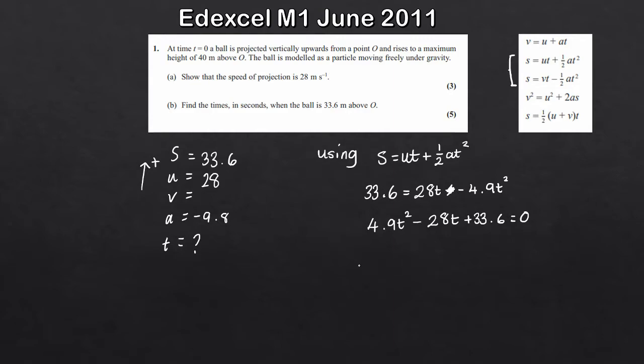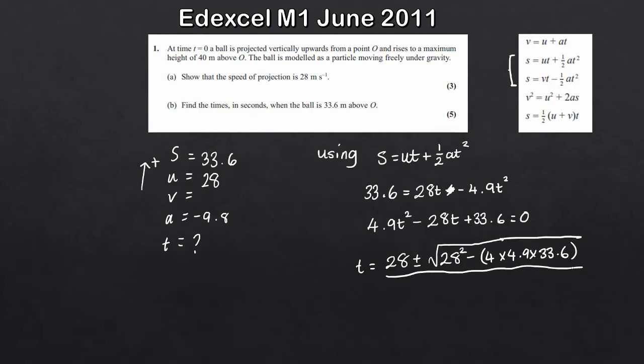Applying the quadratic formula, we get T equals minus B, so 28, plus or minus the square root of 28 squared, minus 4 times A, 4.9, times C, 33.6. And then we divide all of that by 2A, so 2 times 4.9 gives us our original 9.8. Obviously it's going to be positive because A is positive here.